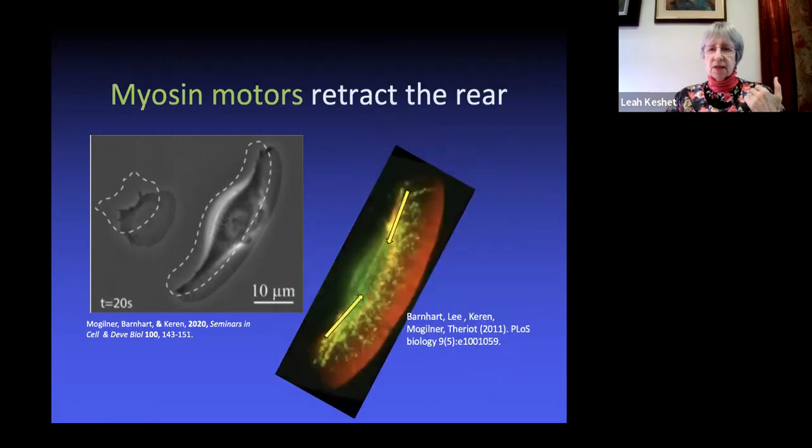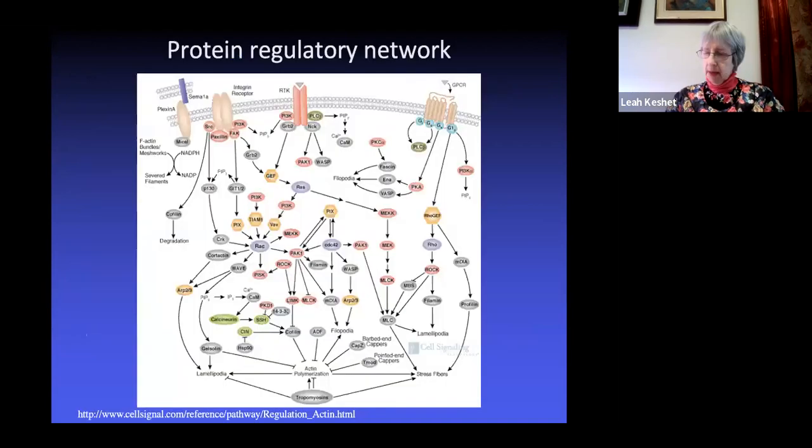Now, the back of the cell has to keep up, and the way that happens is that there are little actin fibers at the back that are attached to myosin motors, causing the rear of the cell to contract and pull it up so that the cell doesn't just spread out and become distended. That's what allows the cell to migrate directionally.